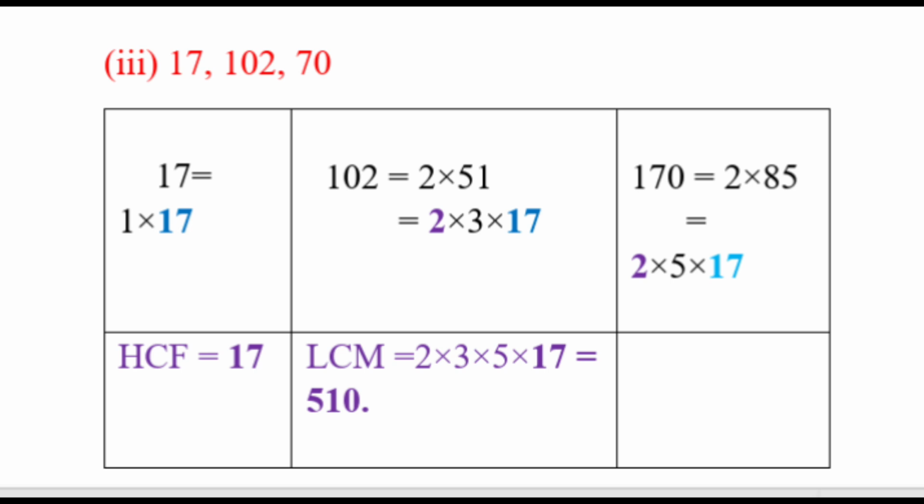So 102 is equal to 2 into 3 into 17. Then 170 is equal to 2 into 85. Then 17 5s are 85. So factors are 2 into 5 into 17. Common factor is only 17. Hence HCF is 17. And LCM is equal to 2 into 3 into 5 into 17, which is equal to 510.